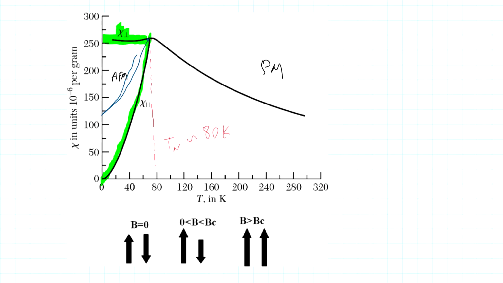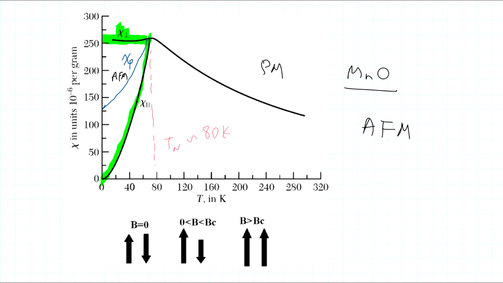Let me draw it once. So this is the susceptibility of the powder. It's also important to understand that once we are above the Néel temperature, we will have the same paramagnetic state. Now this is plotted for manganese oxide, and manganese oxide is an antiferromagnet.